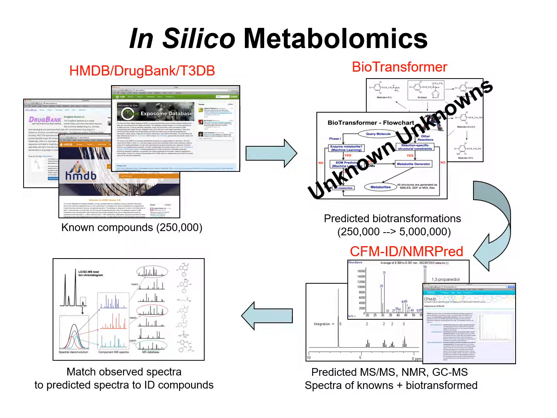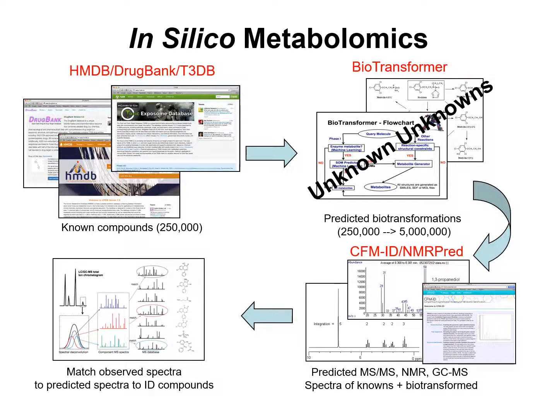And then there are tools like CFM-ID or NMR prediction tools or collisional cross-section tools that can predict from a given structure an observable. And that's the observable that we ultimately experimentally measure. And so by combining BioTransformer, CFM-ID, and others, we can get back to this point of identifying the unknowns through spectral matching or database matching.